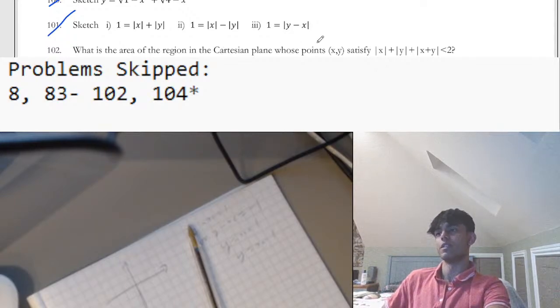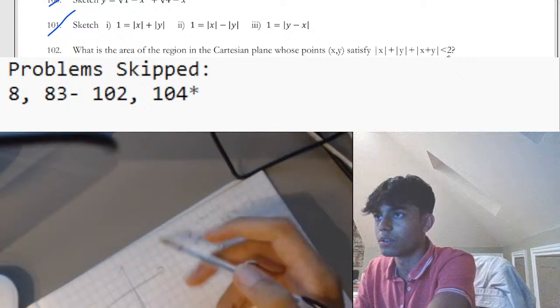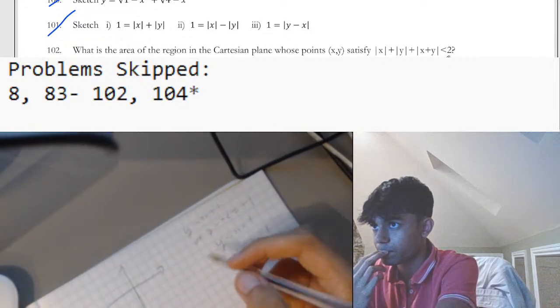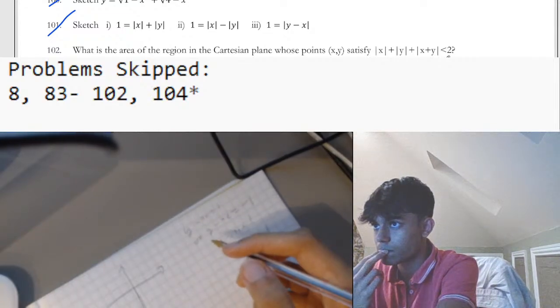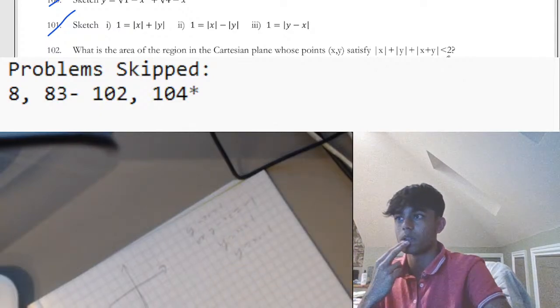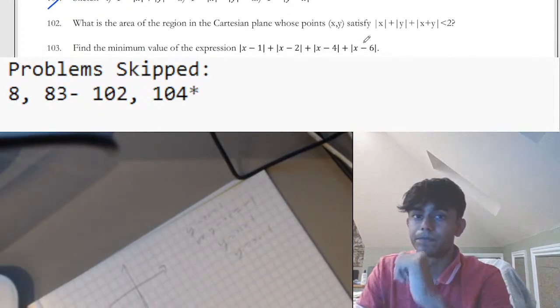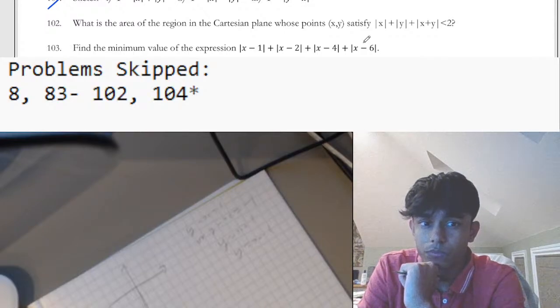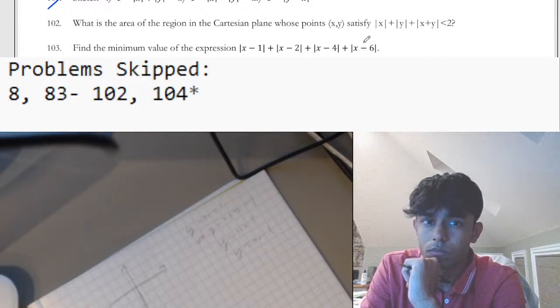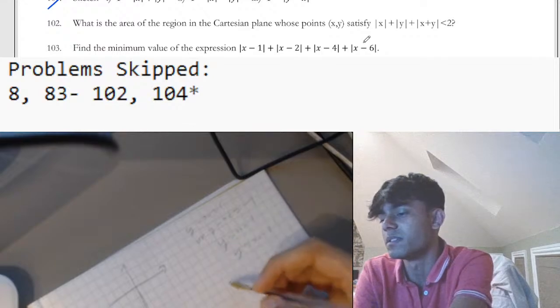What's the area of the region in this plane where this is true? Well, it's always bigger than 0.